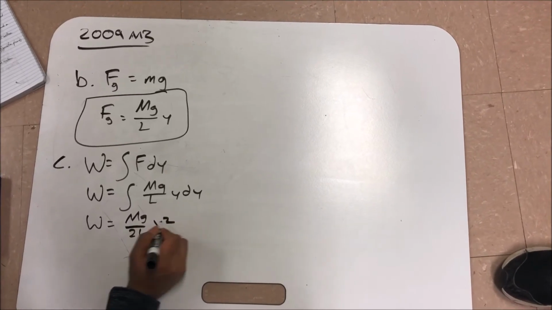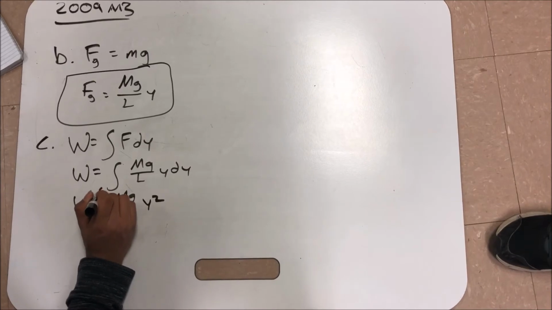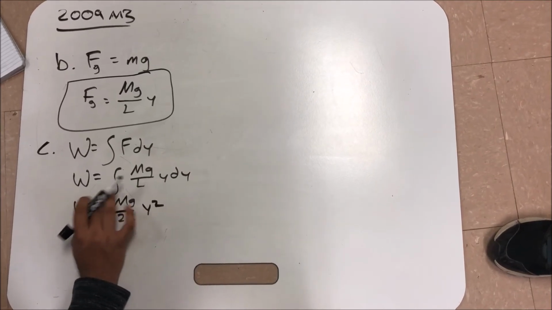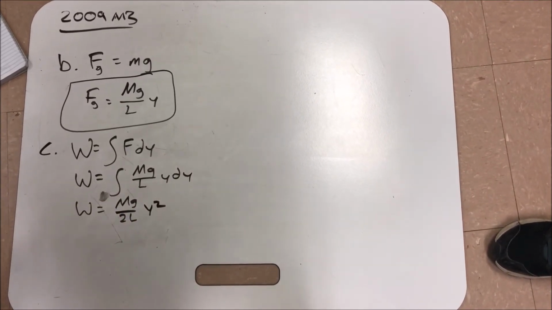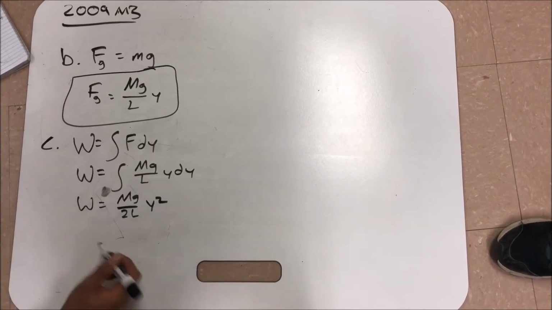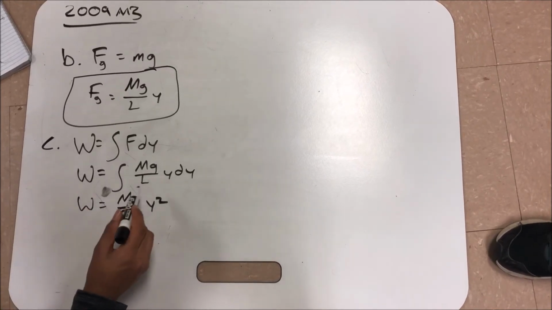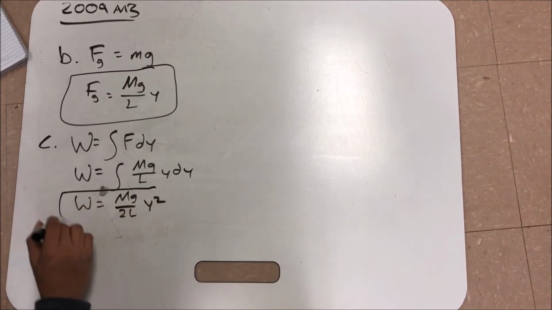For the force, we substitute the value we got in part B, which was mg over L times y. After doing this, we can pull out mg over L from the integral, and we're left with y dy inside. After evaluating the integral, our overall solution is that work is equal to mg over 2L times y squared.